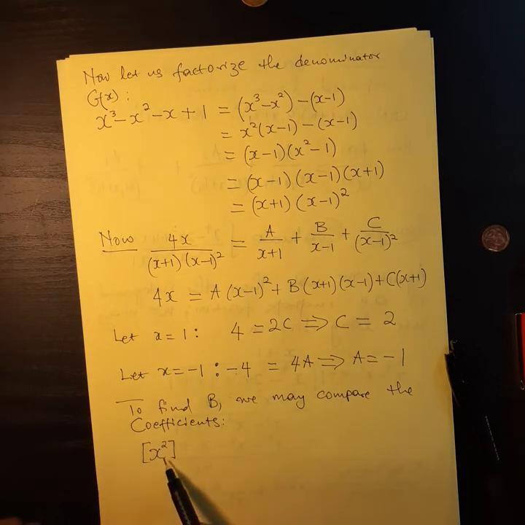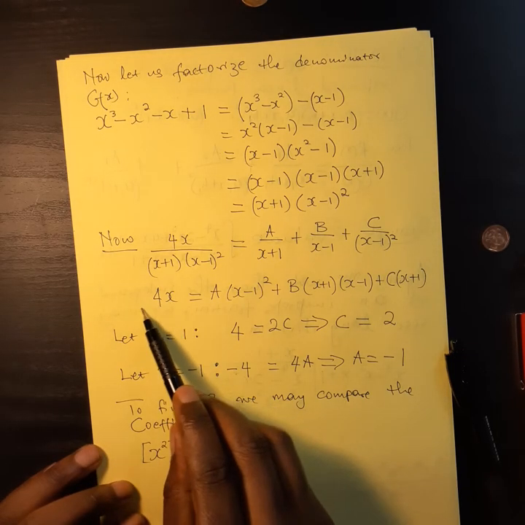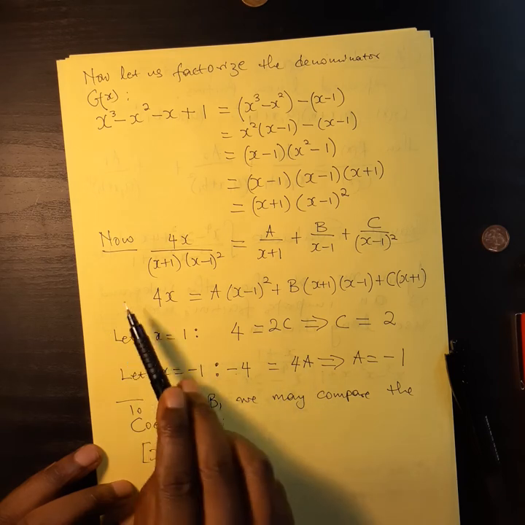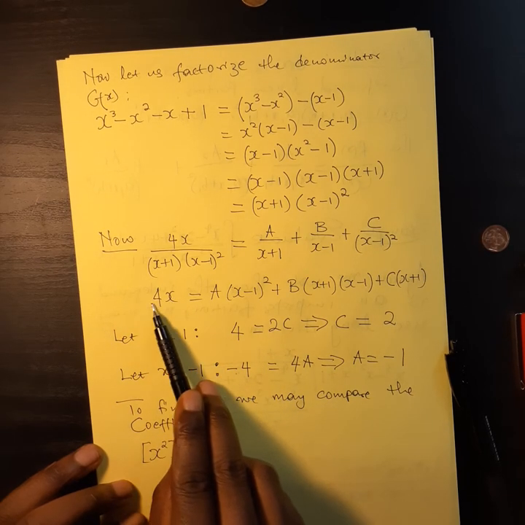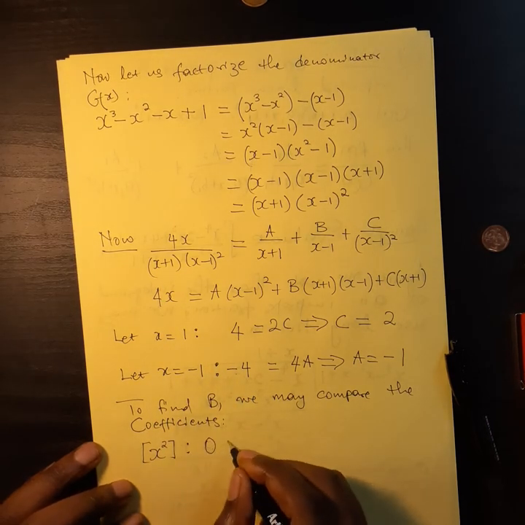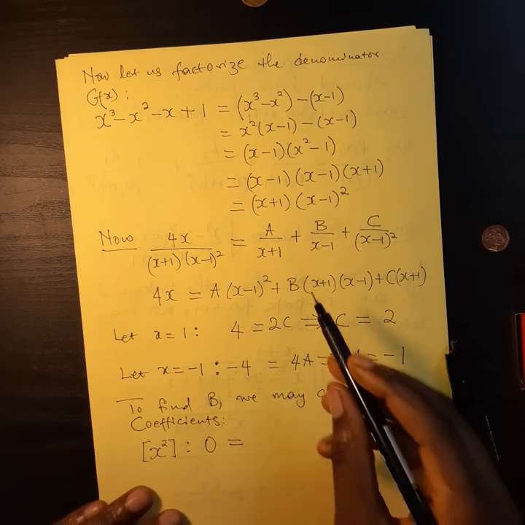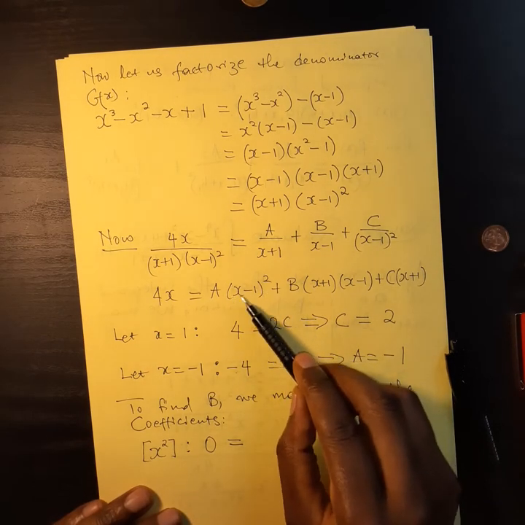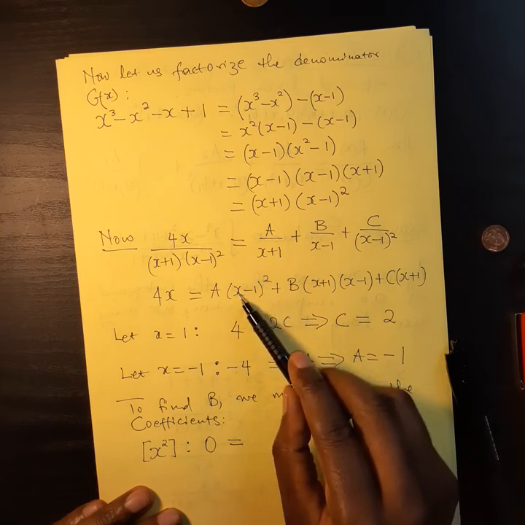So we have chosen x squared. Then we look at the left-hand side. What is the coefficient of x squared on the left-hand side? We realize that we are starting with 4x, which means the coefficient of x squared on the left-hand side is 0. So we write our 0. Then we go to the right-hand side. When we expand this, we don't have to expand it, but we understand that when we multiply this, it will produce x squared. So we have a x squared.